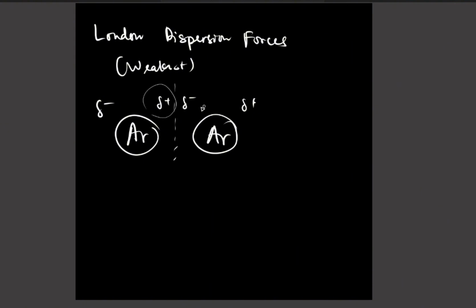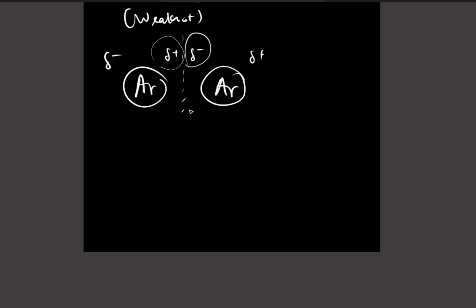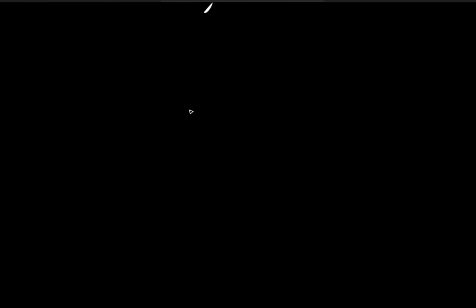So this partially positive part will be attracted to this partially negative part, but just for an instant. And this one is present in all atoms and all molecules. However, since it's really, really weak, it's only significant in hydrocarbons, since the permanent dipoles are generally very weak.